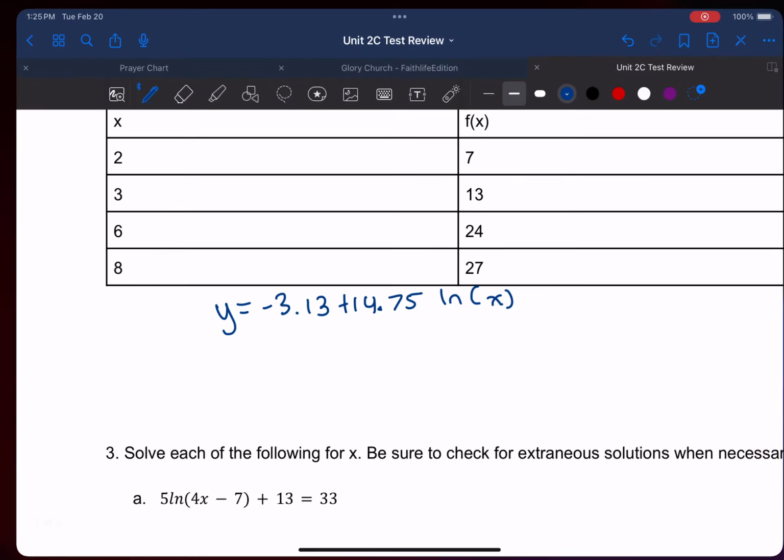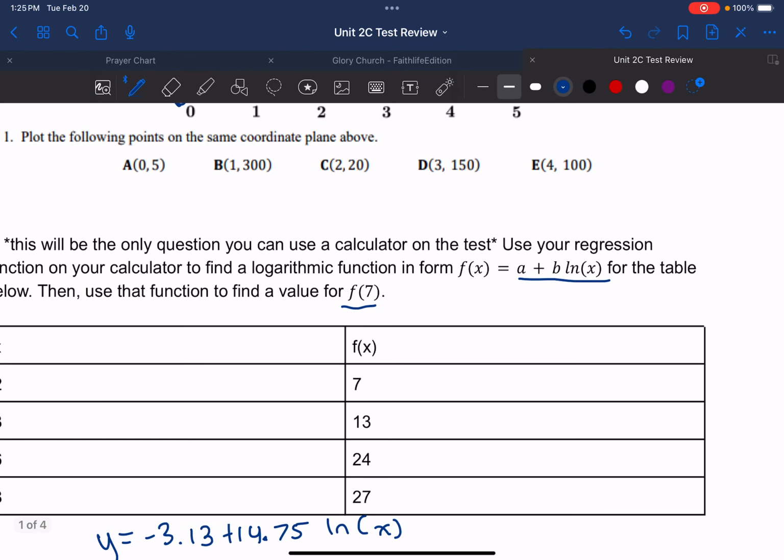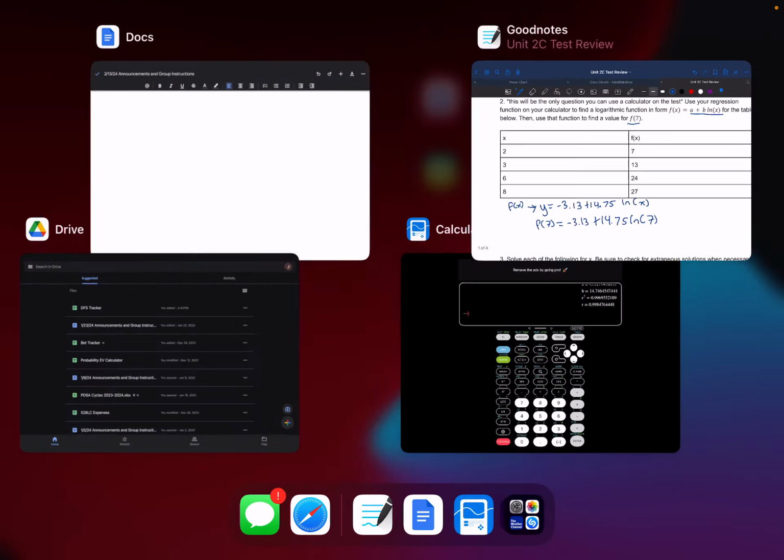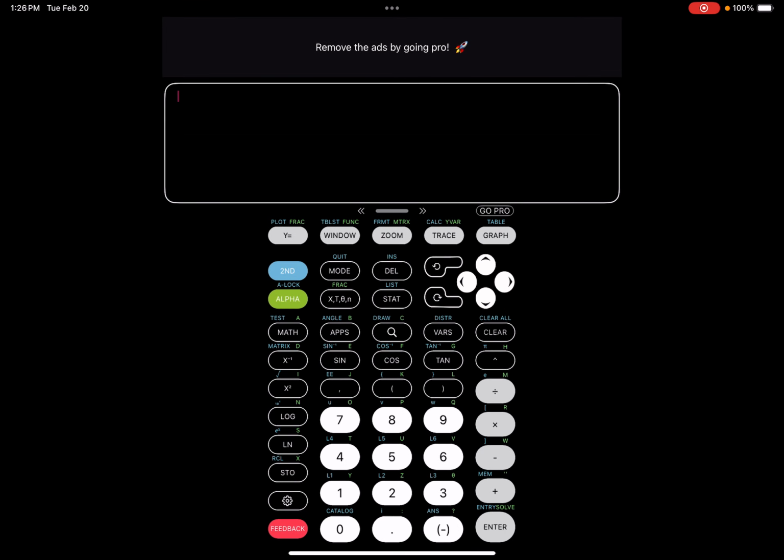Now what I would do is come in here and find f of 7. And really this could be rewritten as f of x instead. So f of 7 equals negative 3.13 plus 14.75 ln of 7. I just typed that straight into my calculator. So I'm just evaluating that function that I found for 7.